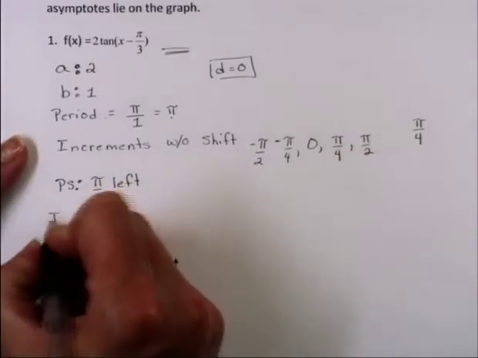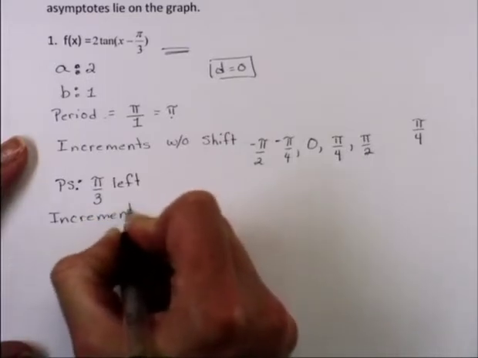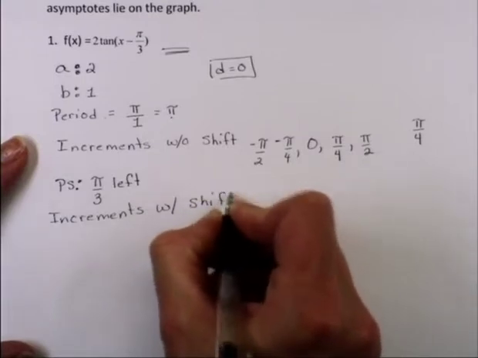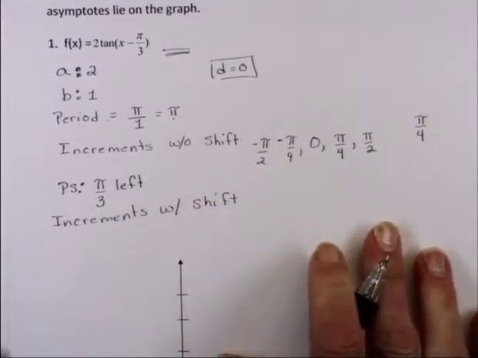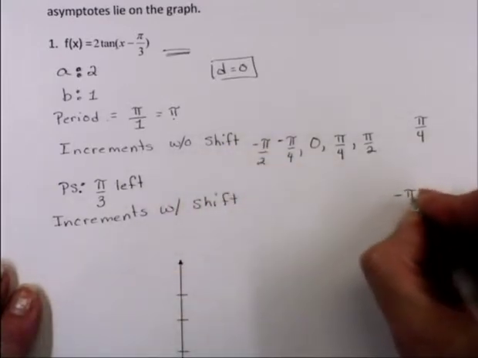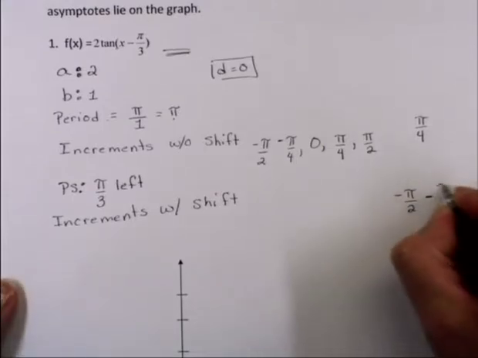All right, so let's go ahead and start negative pi over 2 minus, because we're moving to the left, pi over 3.